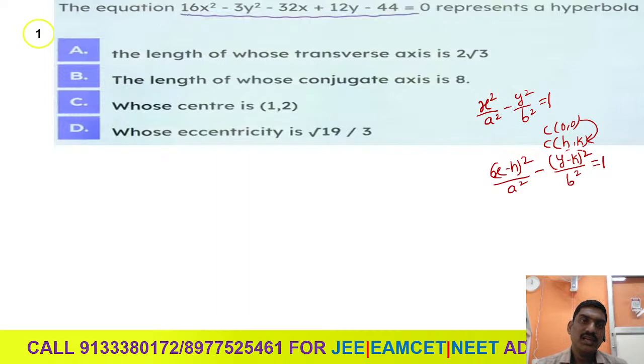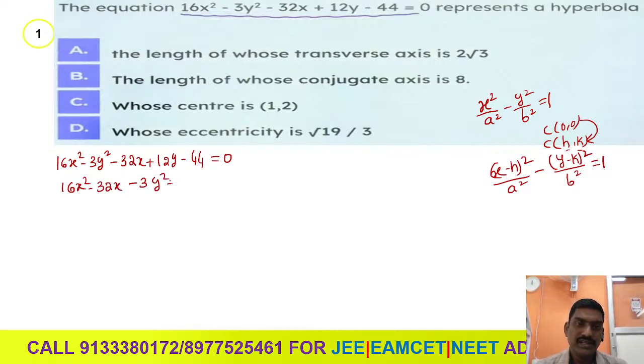So here the given equation is 16x square minus 3y square minus 32x plus 12y minus 44 equal to 0. Gather x terms, 16x square minus 32x, and y terms, minus 3y square plus 12y, and minus 44 which is equal to 0.